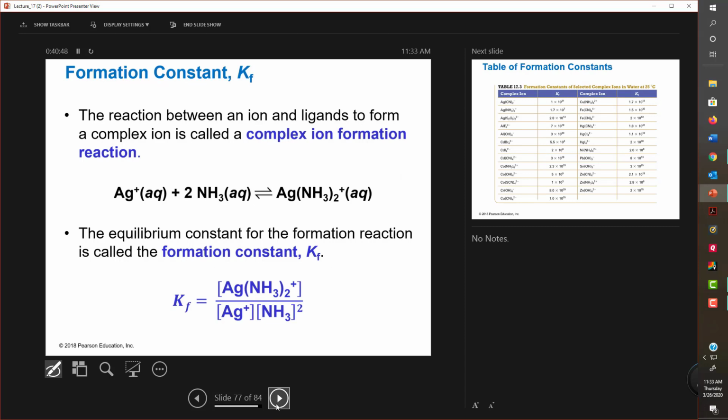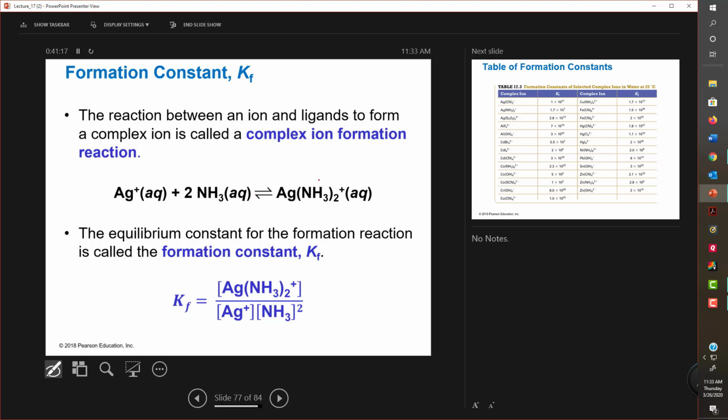So if we write the expression for this, this is called a complex ion formation expression. So we have our final equilibrium constant, Kf, the formation constant. So the formation constant, much like a solubility product constant, if Q exceeds K, the reaction goes in reverse.